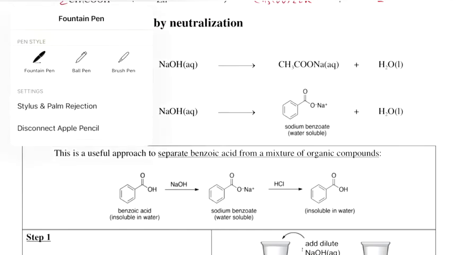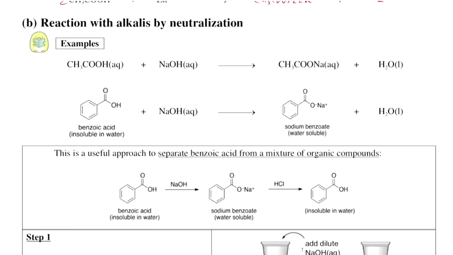Let me get the highlighter. Please pay attention. You can see on the benzoic acid we have the benzene ring, and here we also got a carbon. So the part I highlighted with yellow is a benzyl group.